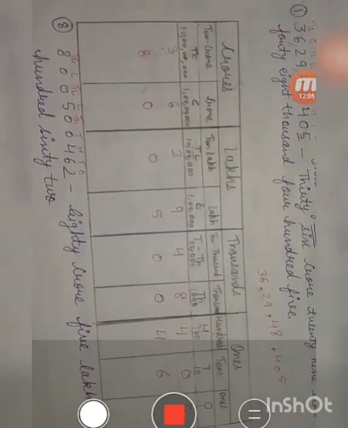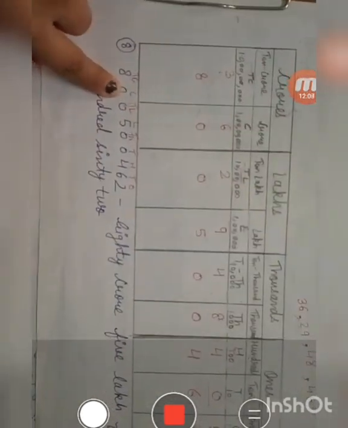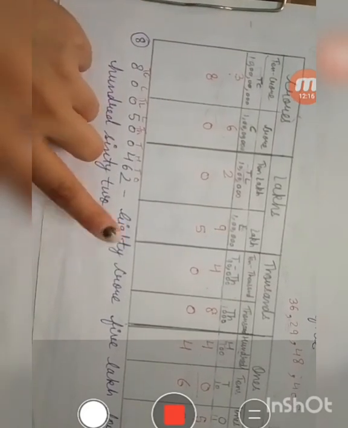Now you can see there are a lot of zeros in your question. So how will we pronounce this? See, 8 and 0 are together, so we will pronounce it 80 crore. So this is clear. We have to pronounce it together as 80 crore.